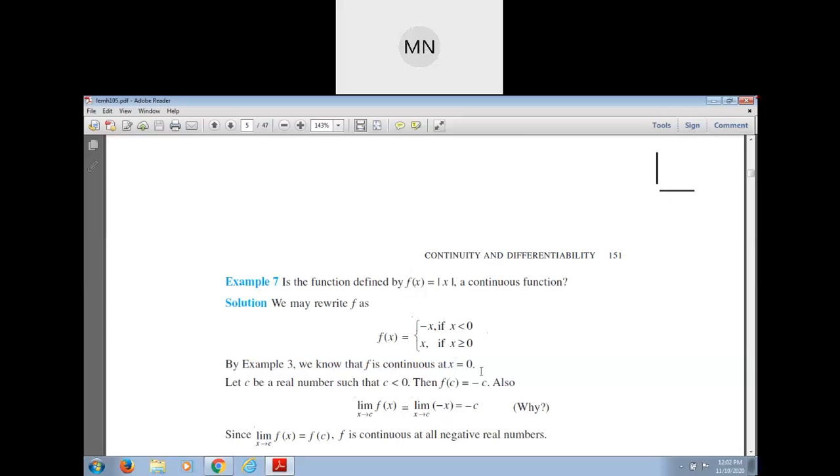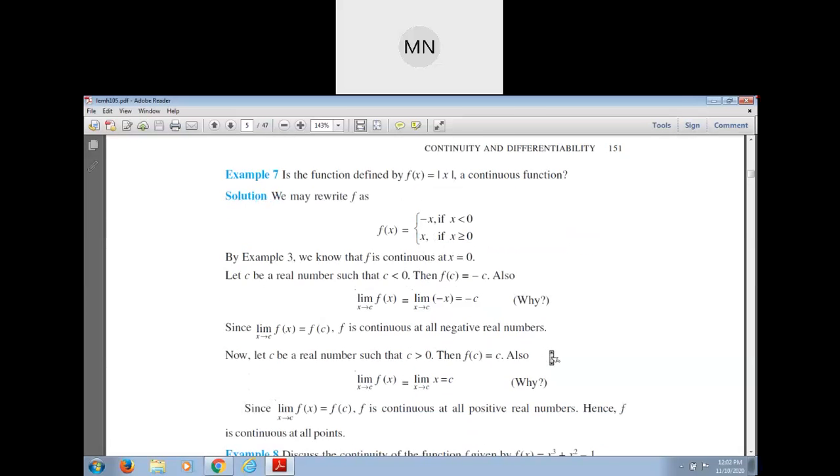From all the cases, we have taken two cases, and for x equals 0, it has already been set, and from these three cases we say that f of x is continuous. Okay, so we can say that f is continuous at all real numbers. For positive real numbers we have set it, and for the negative we considered negative real numbers.